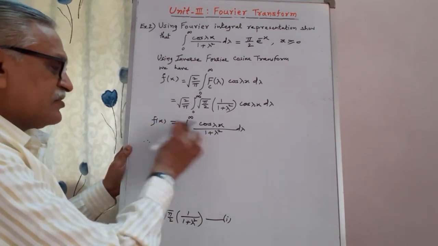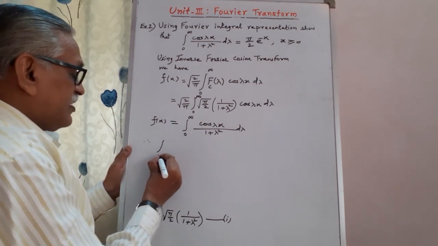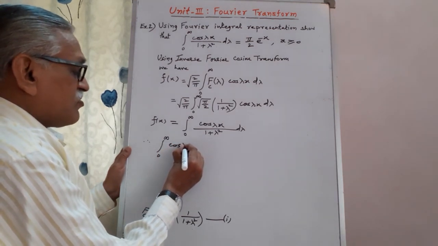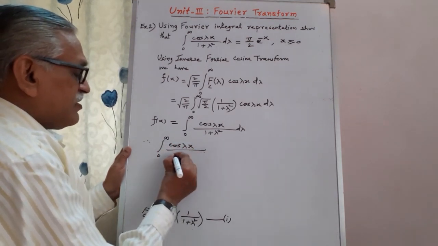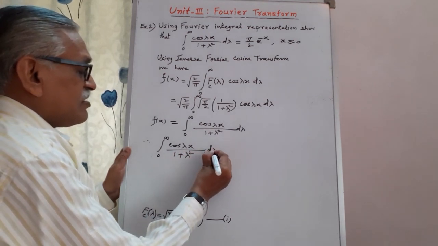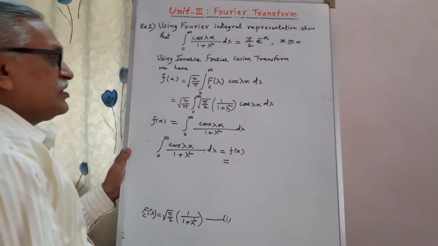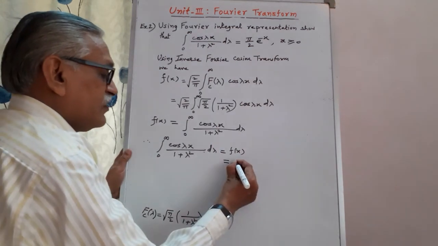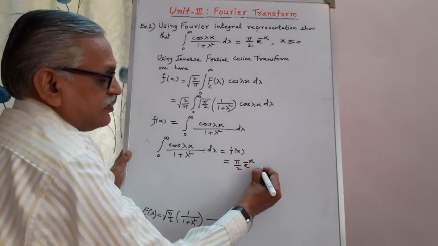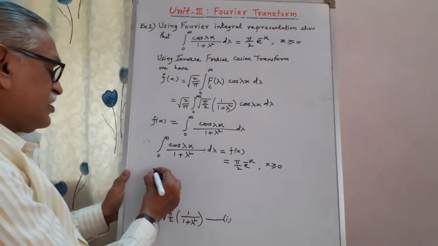Interchanging the sides, we get the integration from 0 to infinity of cos of lambda x divided by 1 plus lambda square d lambda equal to fx, and that given function fx is pi by 2 e raised to minus x, with the condition x greater than or equal to 0.